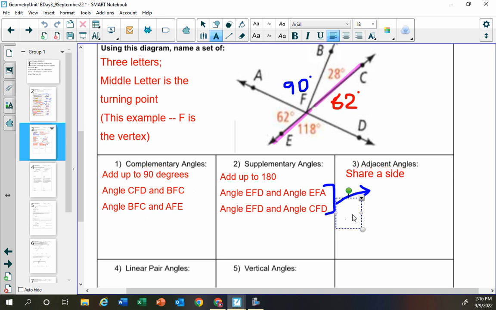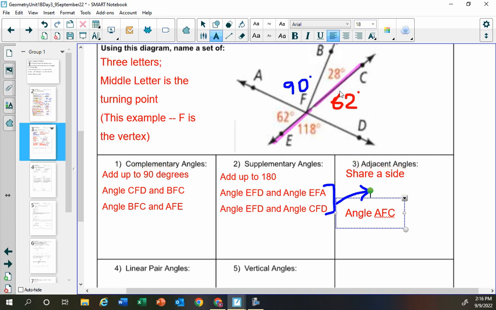I just want to make sure where we're going with this. I'm not saying incorrect, correct, or anything like that. So I just want to make sure I'm getting you right. So which angles? What was your first angle again, Brooklyn? Okay, AFC. All right, that's not bad. Let's see where we're going with this. Angle AFC.